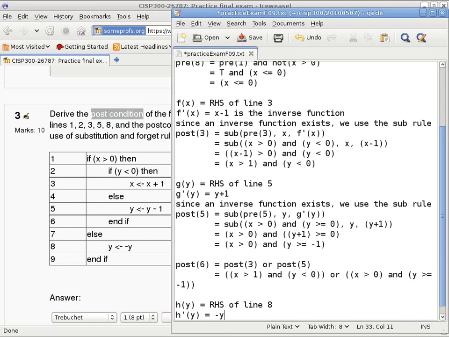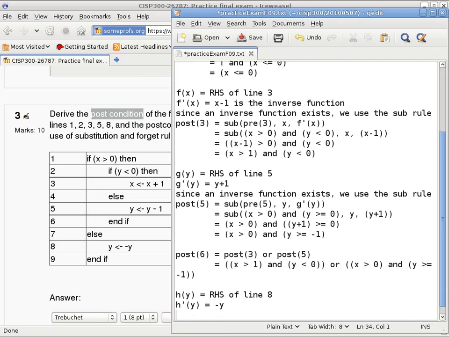No? Okay. Well, think about it like this. If I apply h prime to h and then apply everything to y, what do I get? What is h prime again? H prime is the negation, right? So we are looking at the negation of h of y. And then what is h of y? It's another negation. So we get y back.